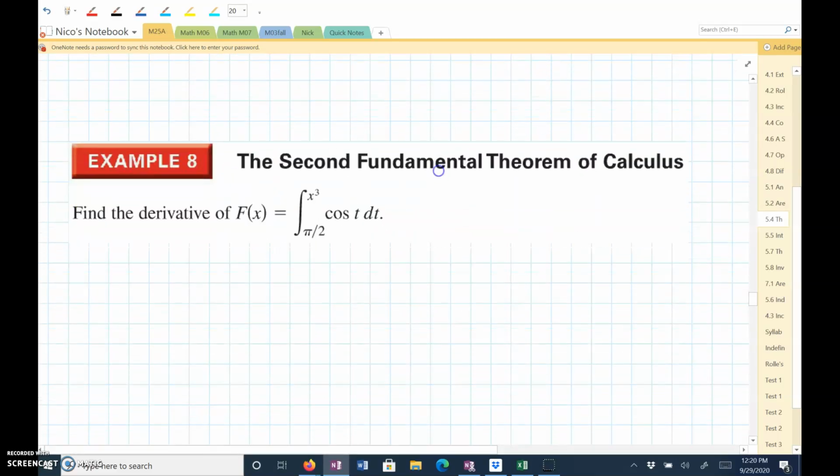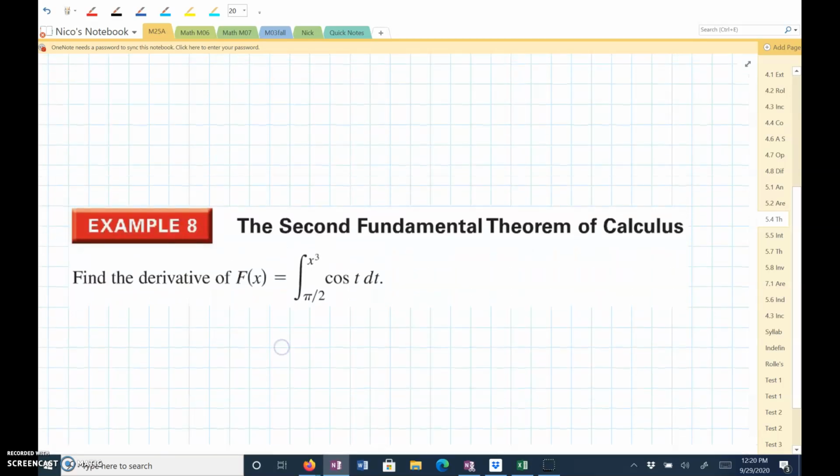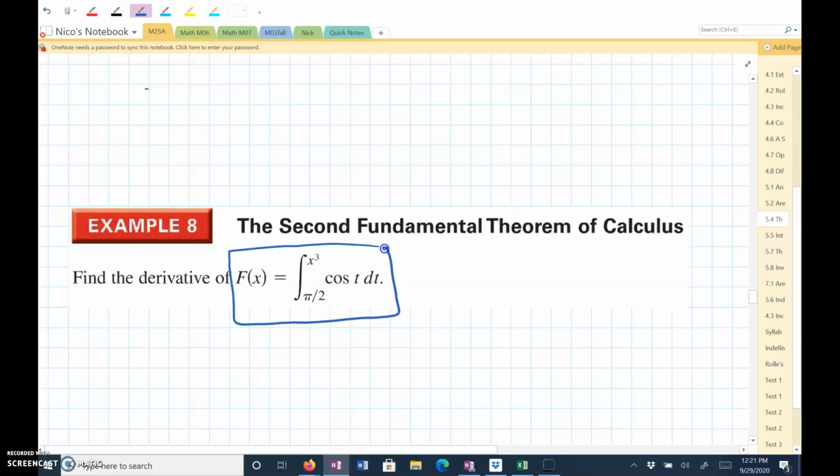Let's look at another one of these. Let's look at example 8. Okay, so they want us to take the derivative of this integral.